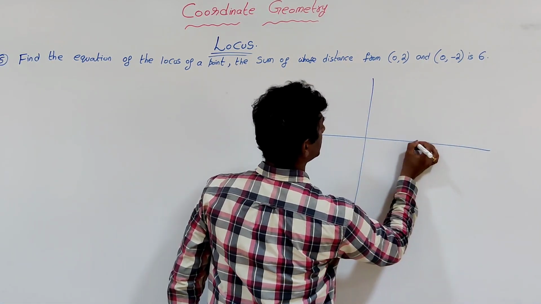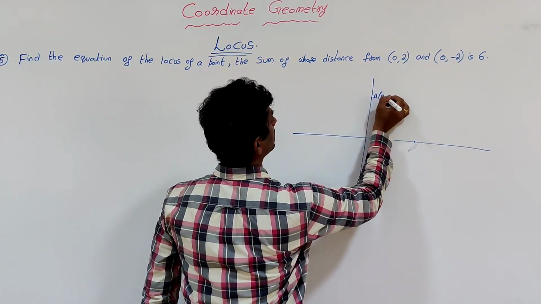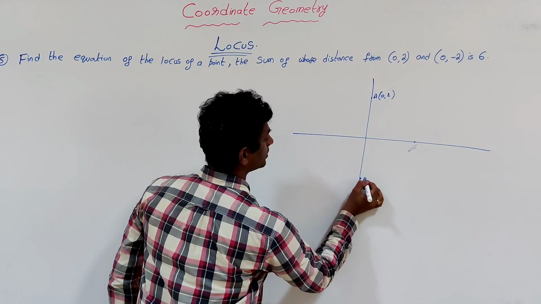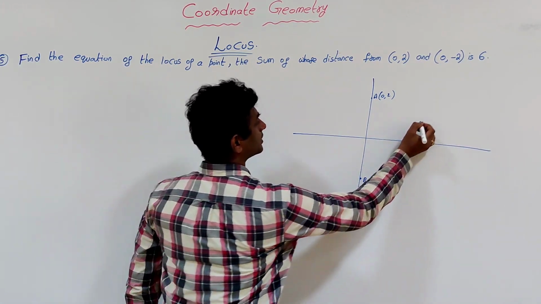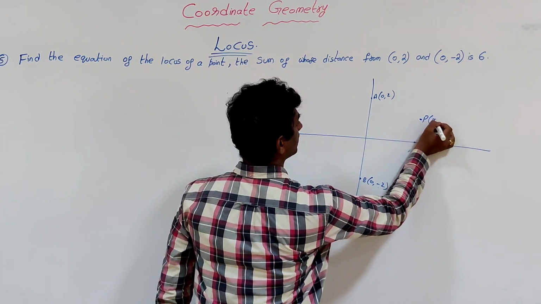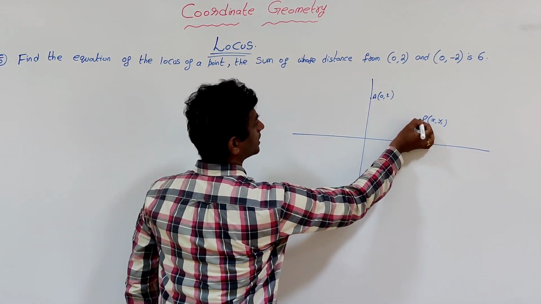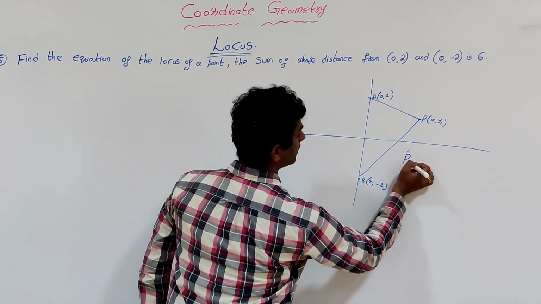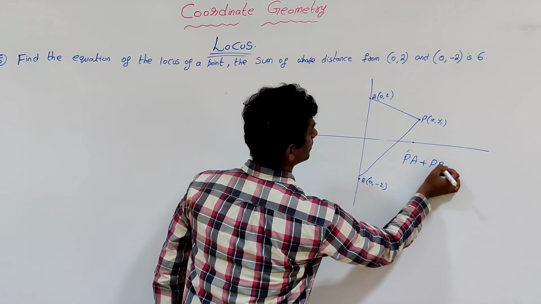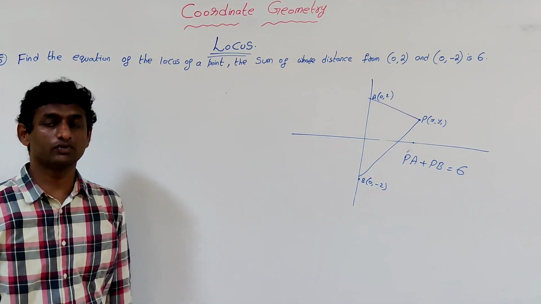Suppose there is a point A (0, 2) and B (0, minus 2), and assume that there is a point P (x1, y1). The sum of their distances, that is PA plus PB, should be 6. So PA plus PB is equal to 6, and we have to find out the equation.